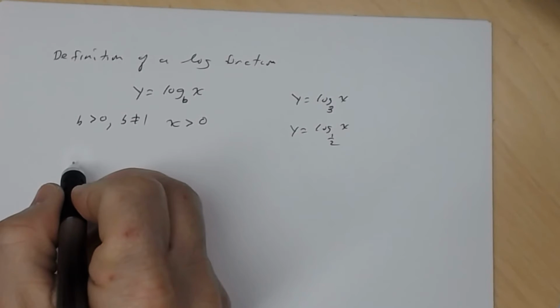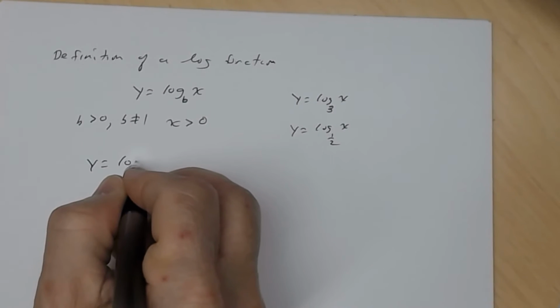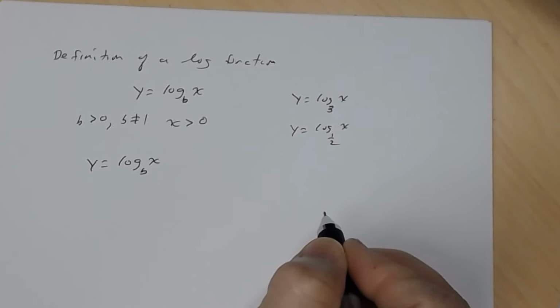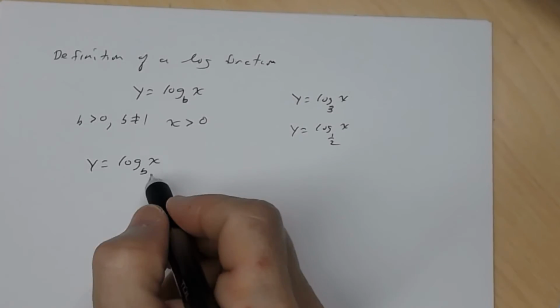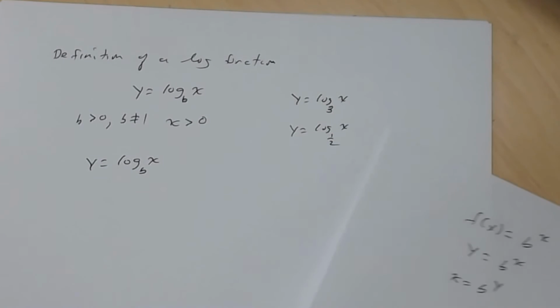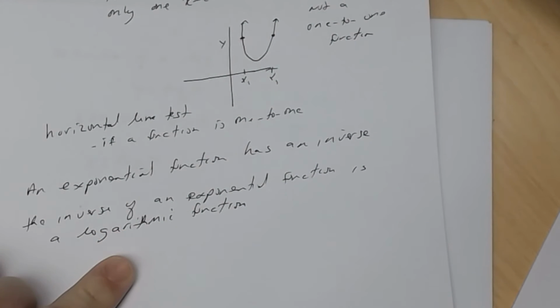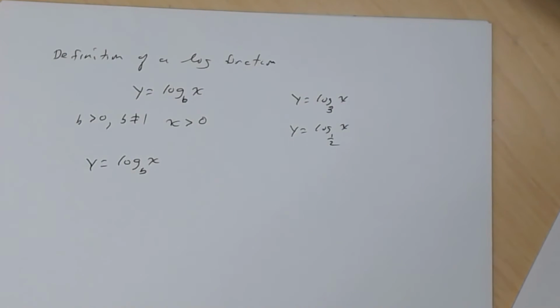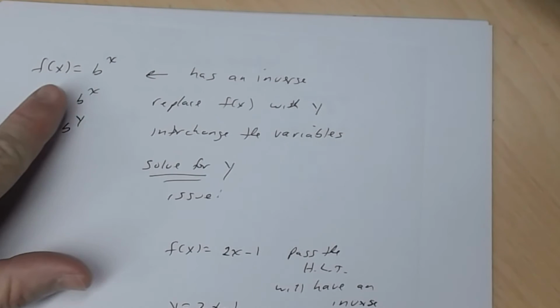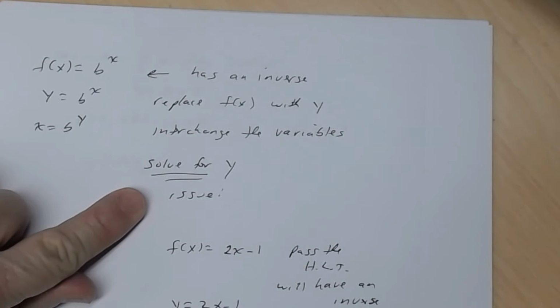Now, this equation right here, y equals log of x base b. Remember, we said a while ago in our definition that the inverse of an exponential function is a log function. And when we tried to get y by itself, we were having a little issue.